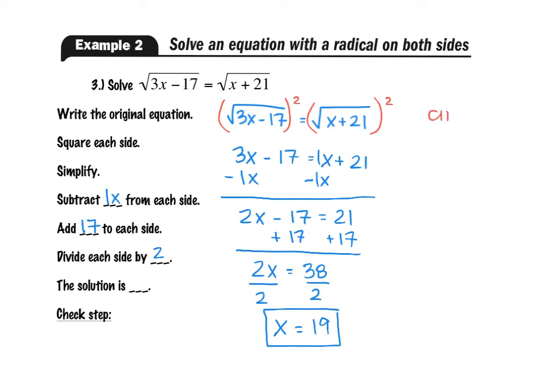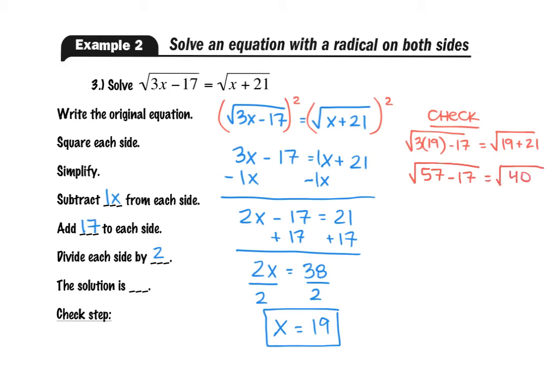All right, so let's try our check step now. We go back to the original. There's 2 x's, so I'm going to plug in 19 for each of those x's. So then I do 3 times 19, which is 57, minus 17, equals 19 plus 21, which is 40.